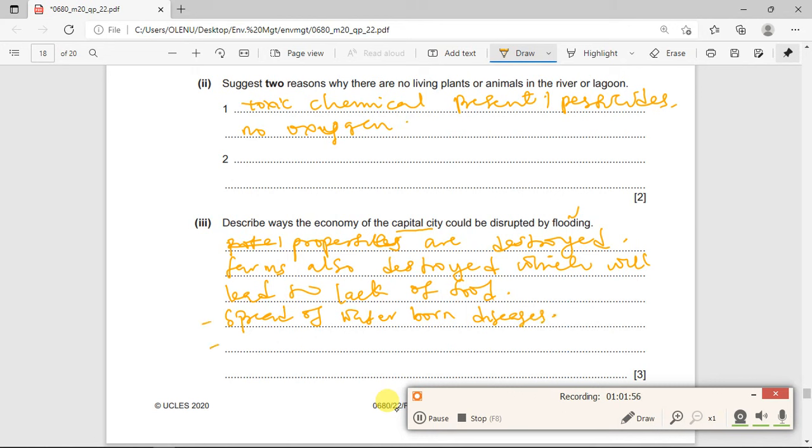Spread of waterborne diseases, so that is when you say the water is contaminated. That can also lead to unemployment because of it. It affects businesses.